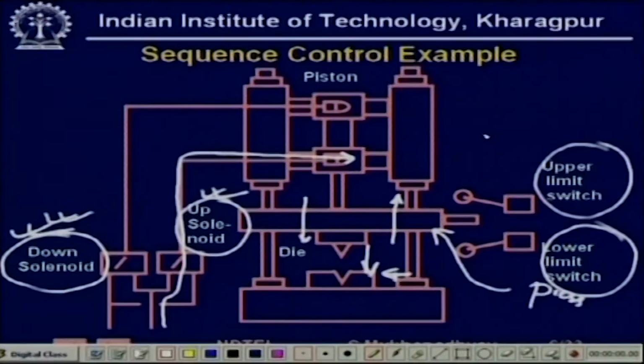So, this is a typical example of a sequence control problem, where we are interested in only, see, everything is analog if you look fine enough. Obviously the piston, the system, cannot instantaneously come down from the up to the down state. But what we mean is that for the sequence control of this system, we are not interested in knowing the intermediate states.